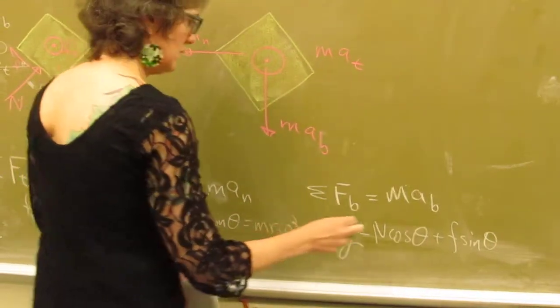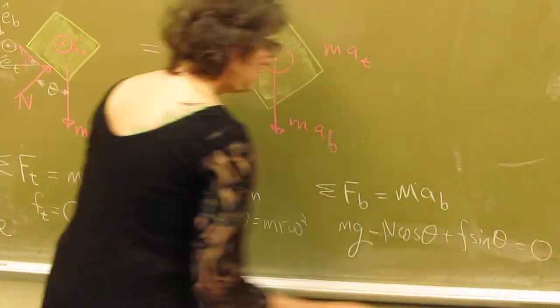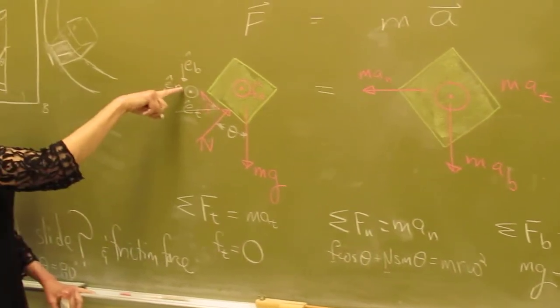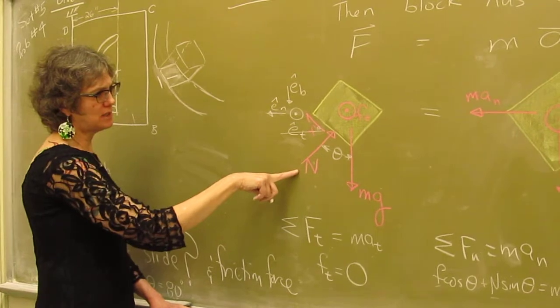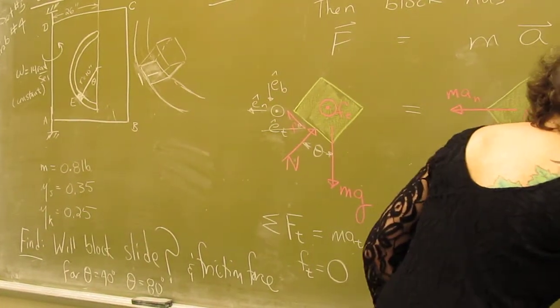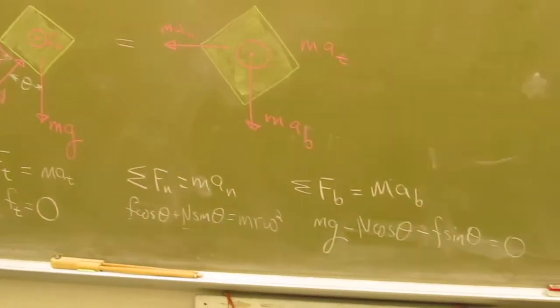Well, the binormal direction is down. Yeah, so mg minus N, oh yes, thank you. It's minus F.